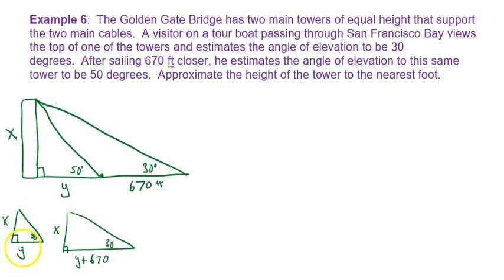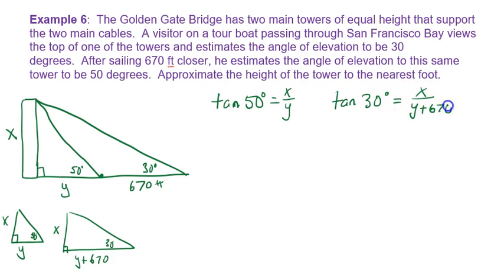Let's make an equation off of the first triangle. You have the 50 degrees, the opposite, and the adjacent. So that's a tangent equation. So tangent of 50 will be x over y. Now look at the other triangle. You again have opposite and adjacent with 30 degrees. So tangent of 30 is going to equal x over y plus 670.